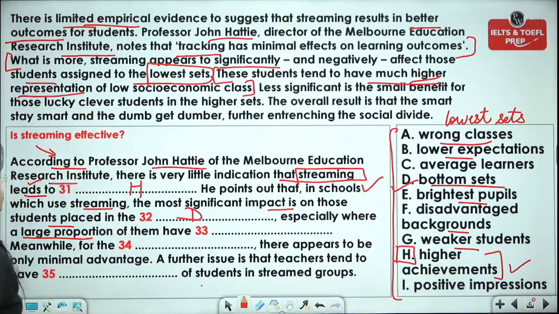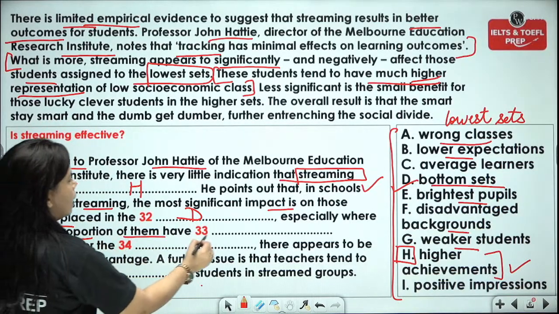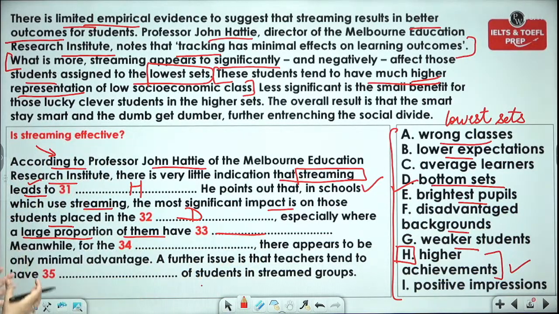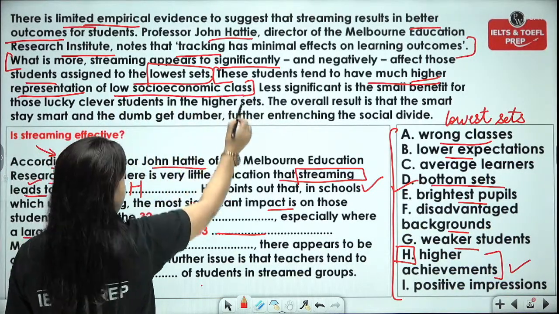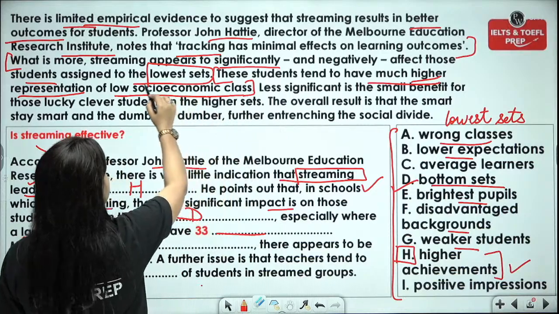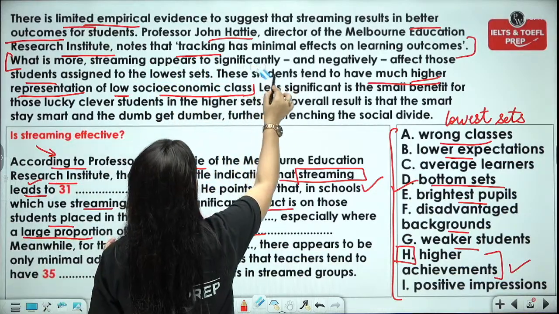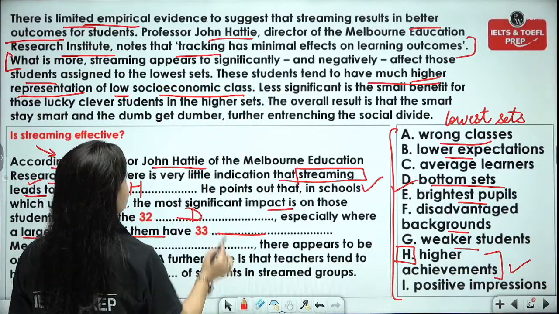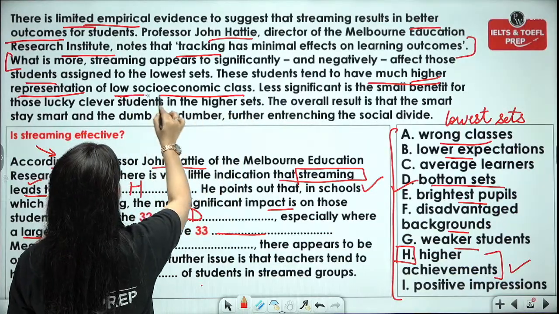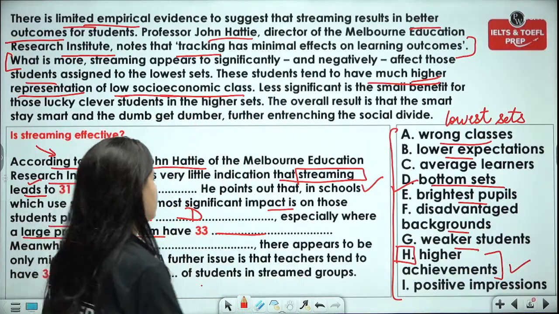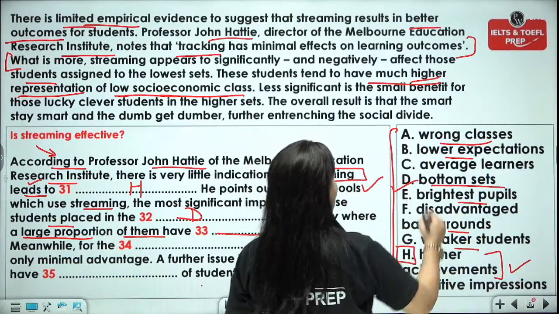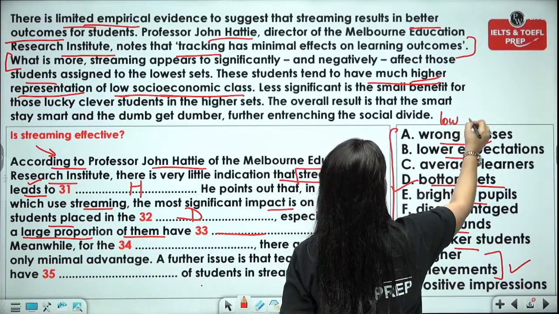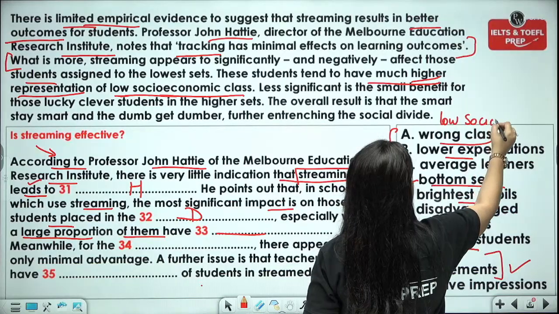So, large proportion is equal to higher representation of them have dash. So a large proportion of them have dash, a large proportion of them have low socio-economic class. Our main words from which our answer is going to come are these, low socio-economic class. Now what you need to do is find the synonyms of low socio-economic class.